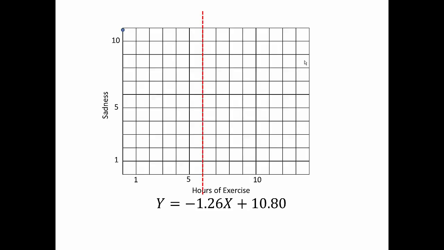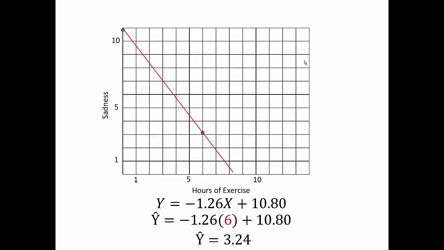I'm going to put 6 into my value for x, and then I can predict that my score at 6 hours of exercise is going to be 3.24. So I'm going to put my dot right there above the 3. And then I just simply have to connect those dots. So one of my data points is going to be at an x value of 6 and a y value of 3.24. And I connect the dots.